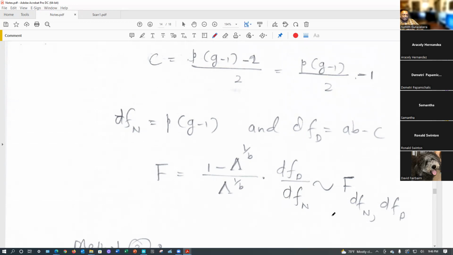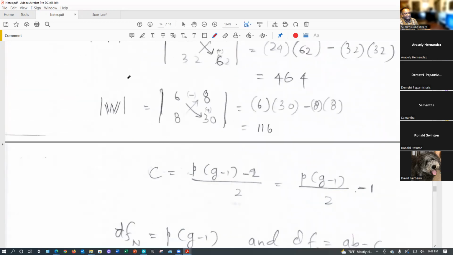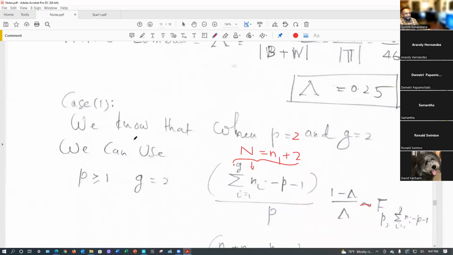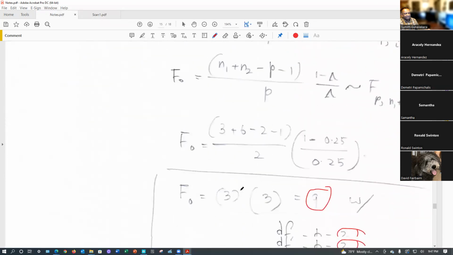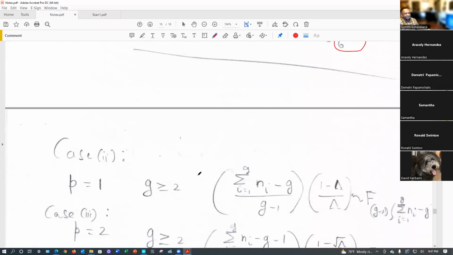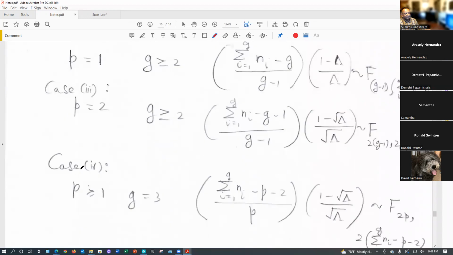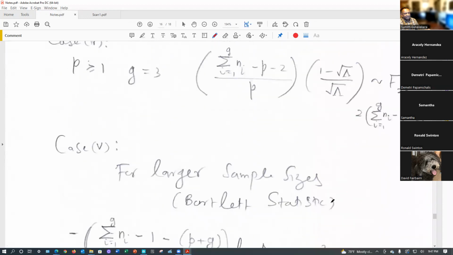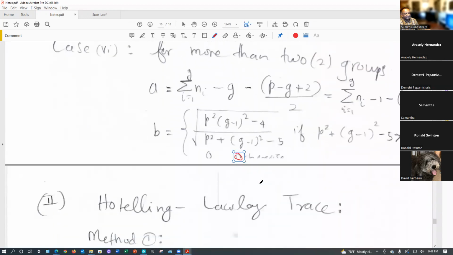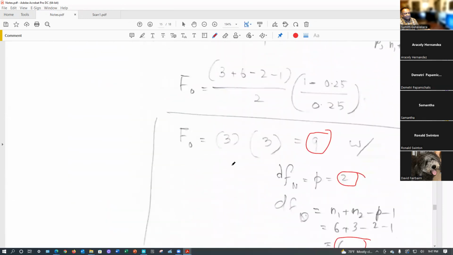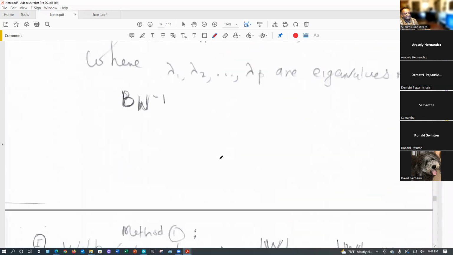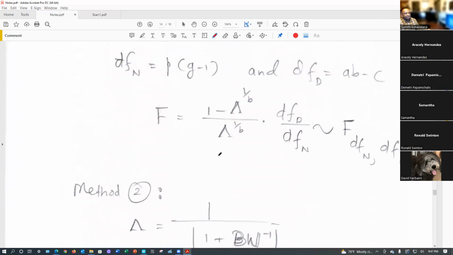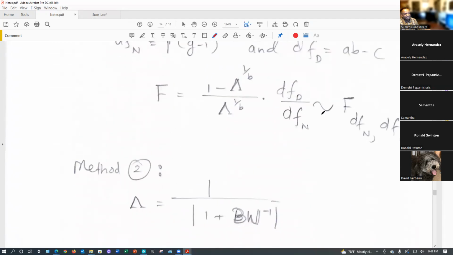That's everything I have on Wilks lambda, how they are related to F in case 1, case 2, case 3, case 4, case 5, and case 6, which is the case I'm talking about.